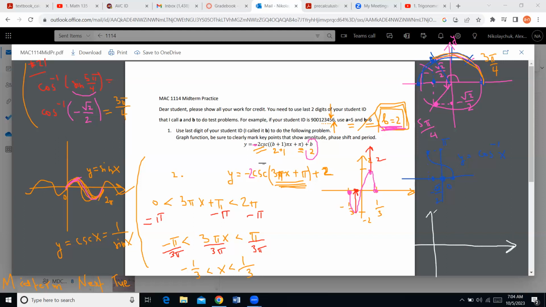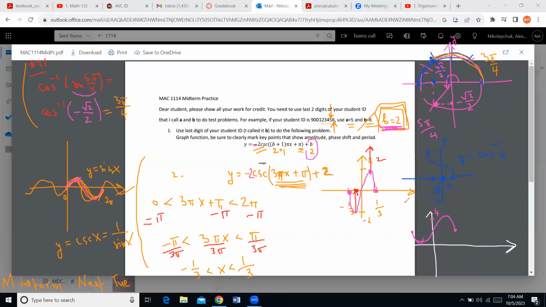And now I'm going to move this pink piece in such a way that it actually touches our x-axis, then it goes upwards and then it goes downwards to the level of 4.